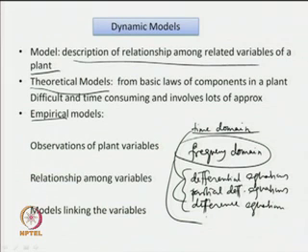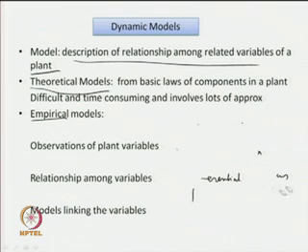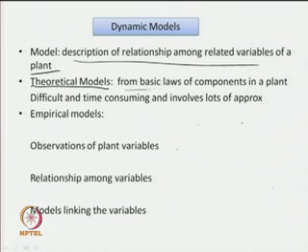Now, we shall go back to the basics of a model. First, how the dynamics of a process can be identified. It can be identified in the form of theoretical models, where theoretical models are obtained from basic laws of components in a plant.